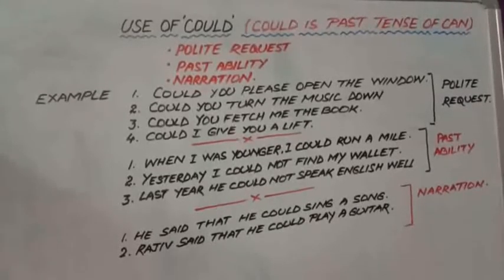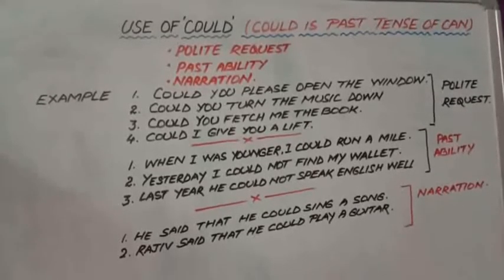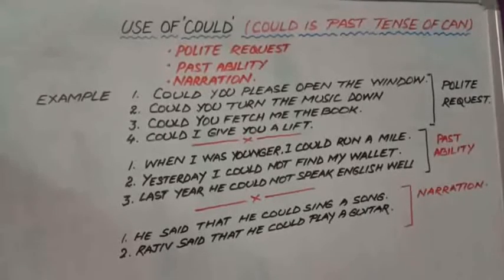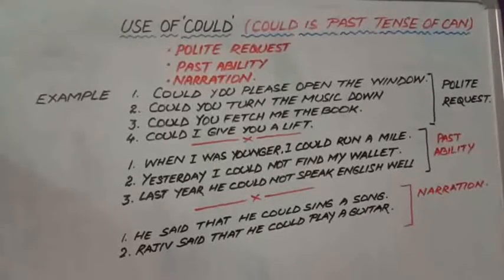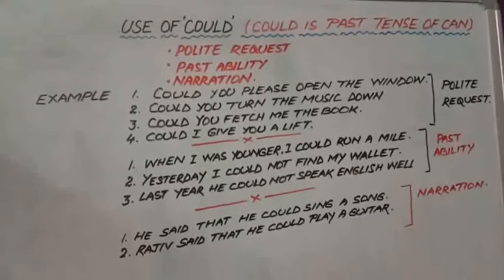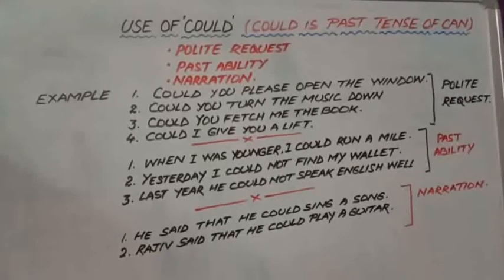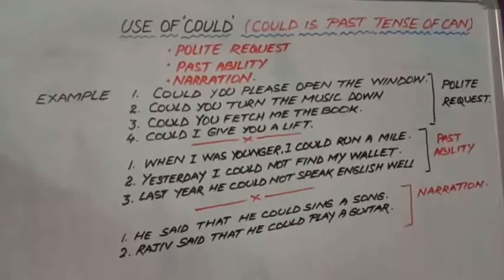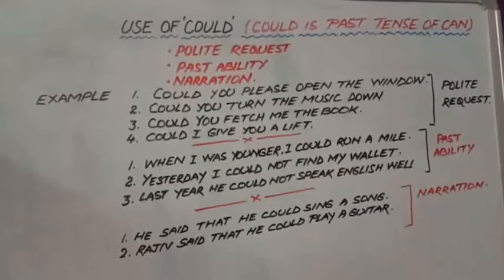Now we see the example. Read the first example, it says, could you please open the window? The speaker is politely asking if the window can be opened. So there is a politeness in the sentence, and that's why could is used. Number 2, could you turn the music down?